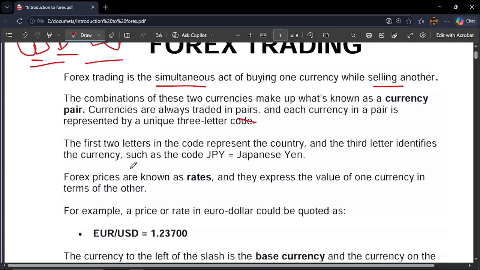For example, here we're having the JPY. The first 2 letters of the JPY represent the country, which is Japan, and Y, which is the yen. So JPY is the Japanese yen. Also with AUD, the first 2 letters are Australia, and the D is a dollar. So we should know that in Forex, we represent currencies in a 3-letter code.